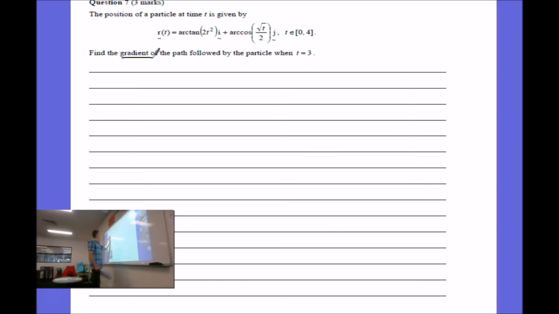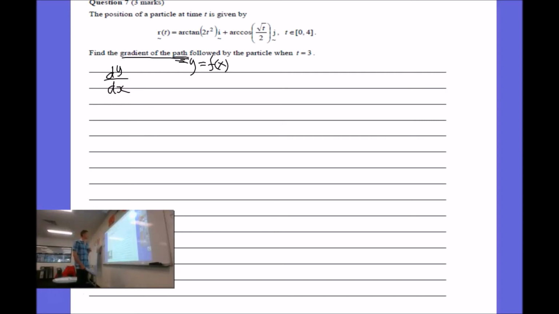So the gradient of the path, well, the path being the Cartesian equation. So that is as a function, it might be y as a function of x, or it might be some xy relation that constructs the path. So the gradient of that is going to be our dy dx, the steepness or the rise over the run of the path itself.